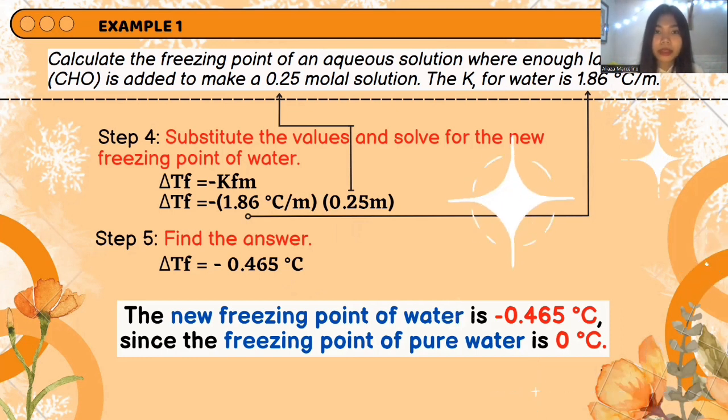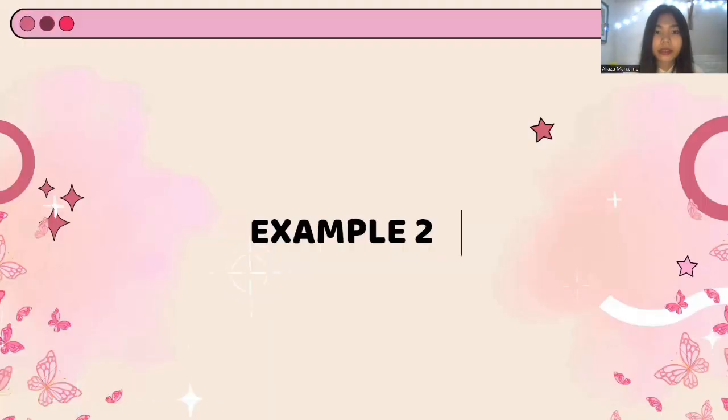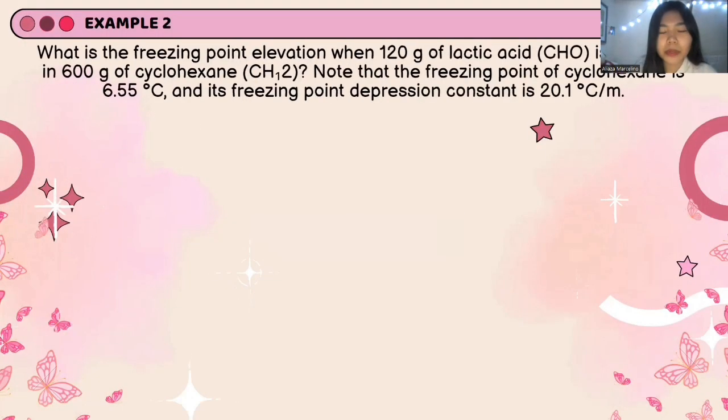Let's jump to example number 2. What is the freezing point depression when 120 grams of lactic acid, C3H6O3, is dissolved in 600 grams of cyclohexane, C6H12.